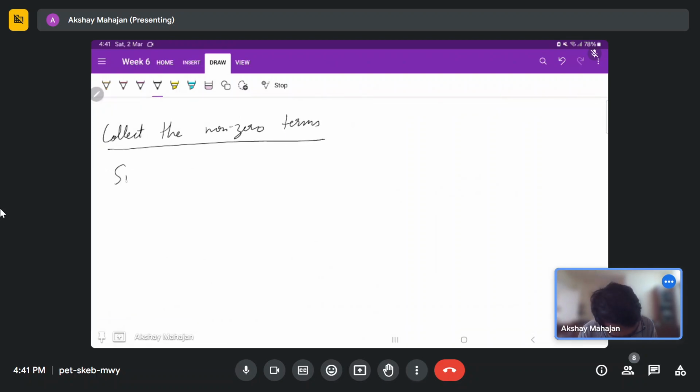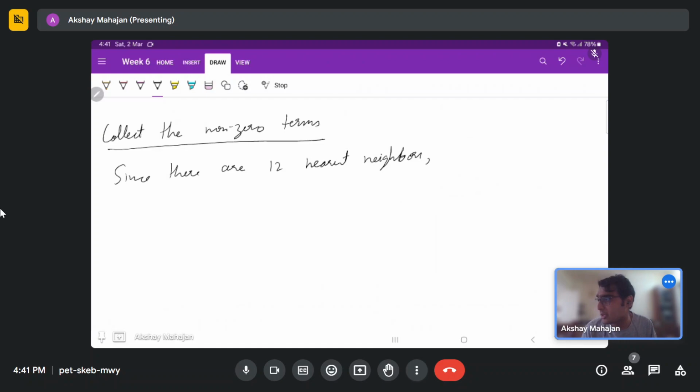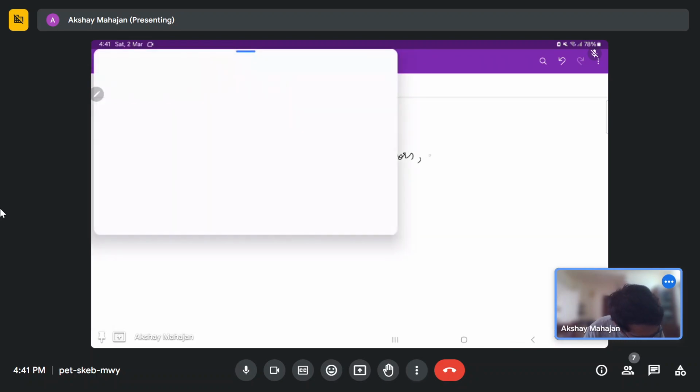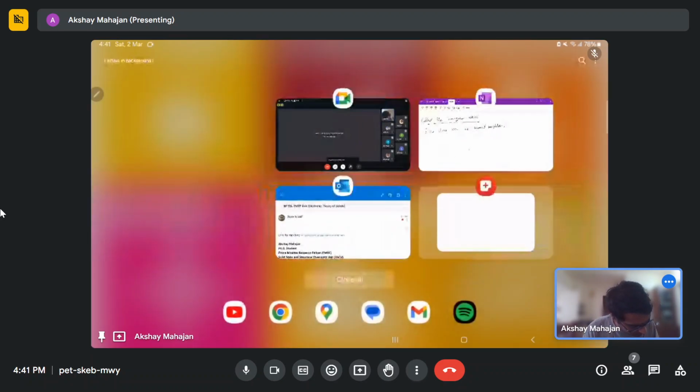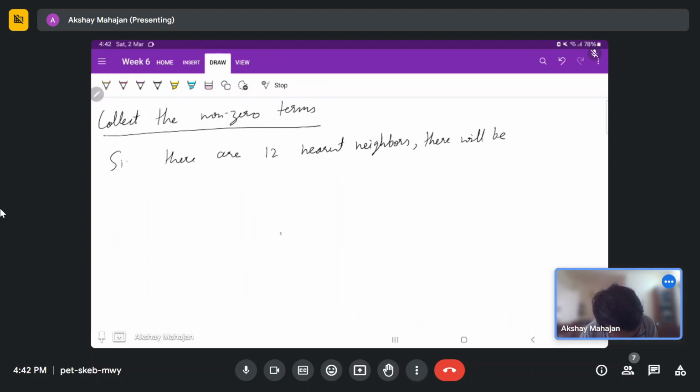Now since there are 12 nearest neighbors, there will be 13 non-zero terms.